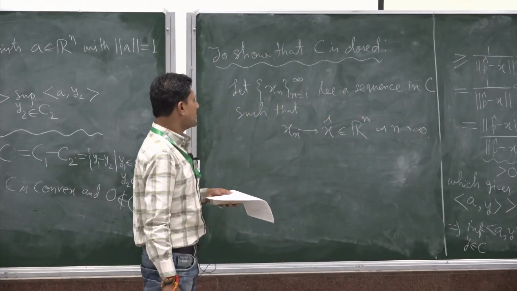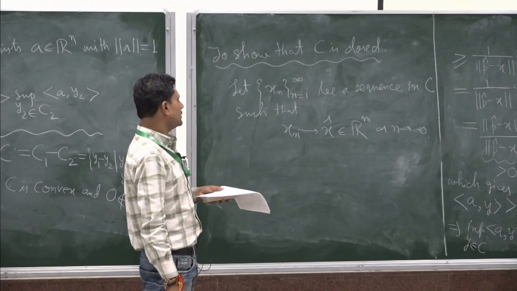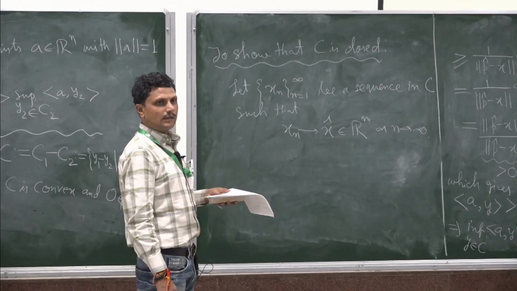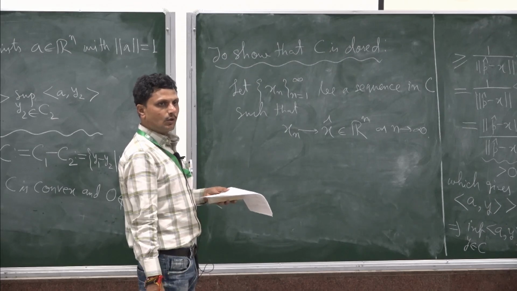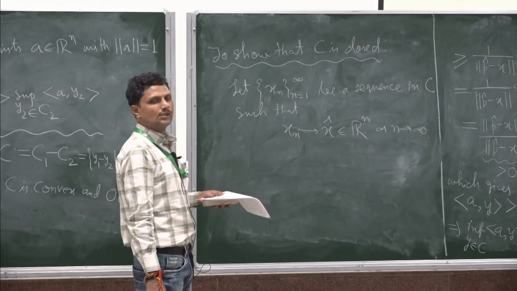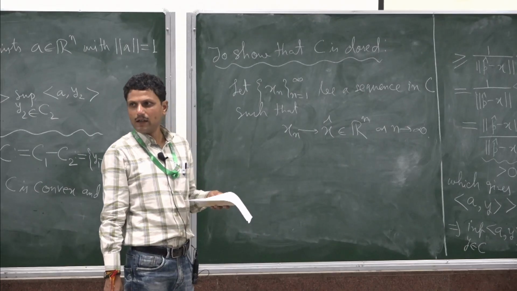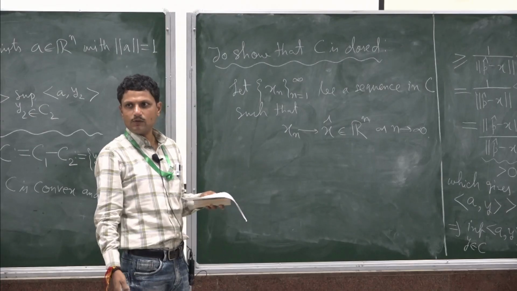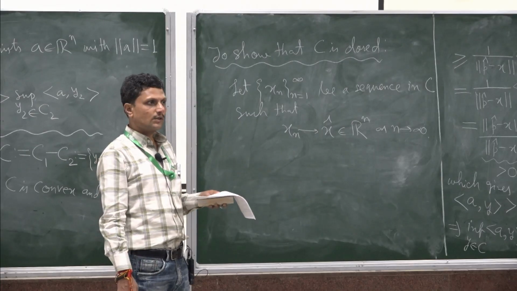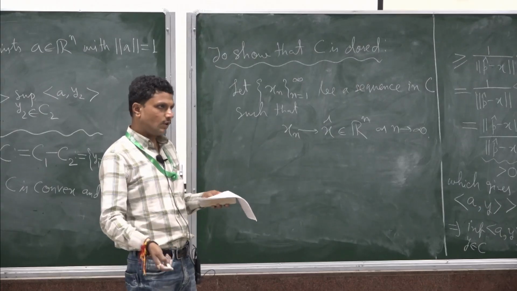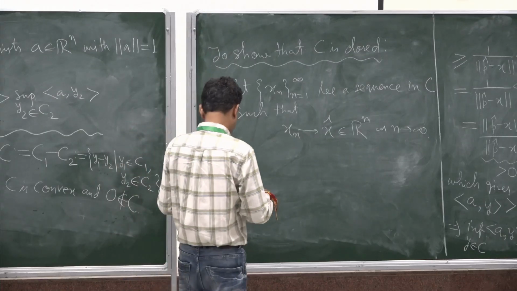Now we have to show that this x hat is actually in C. So x hat will be in C if it can be written as the difference of two elements, one from C1 and the other from C2.